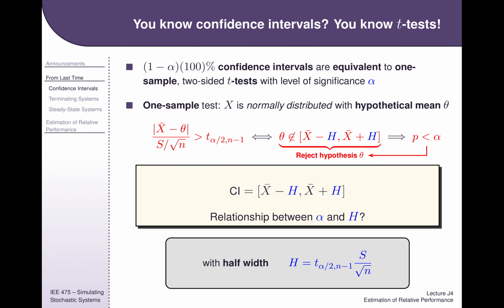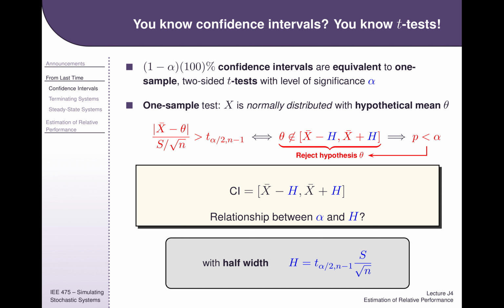So if you think about it, what's the relationship between alpha and the half-width? Well, we know that if I set alpha equal to 0, then I'm not going to reject any hypotheses. If I don't reject any hypotheses, then that means everything's inside the confidence interval, because the confidence interval is all the hypotheses that I don't reject.